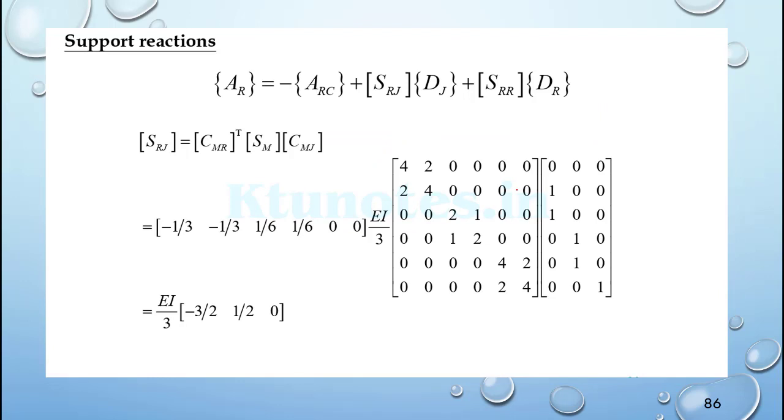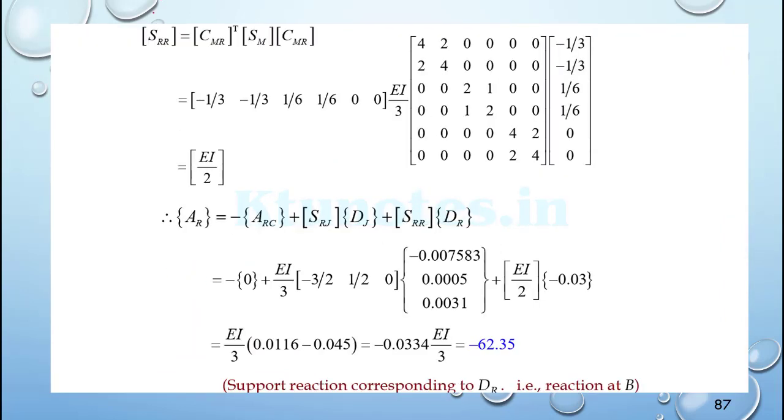Ar is equal to minus Arc plus Srj into Dj plus Srr into Dr. So the Srj is known to you. Cmr transpose into Sm into Cmj will give you EA by 3 into minus 3 by 2, half, 0. Simplifying the equation, Srr is equal to Cmr transpose into Sm into Cmr, which will give you the value EA by 2.